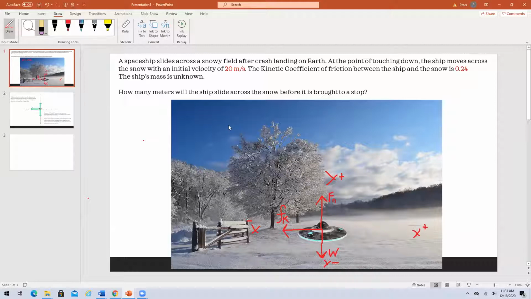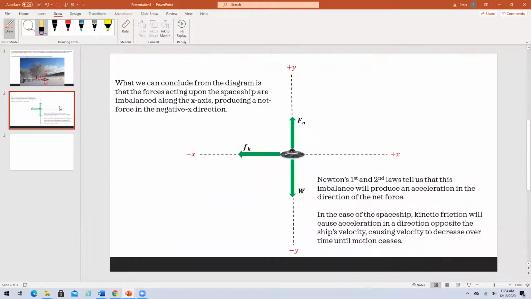So we can relate this back to the kinematic equations. Okay, so just to show you what I did here, just in case that's not clear, it's sort of a cleaner version of this free body diagram. We have our spaceship, positive x, positive y, negative y.